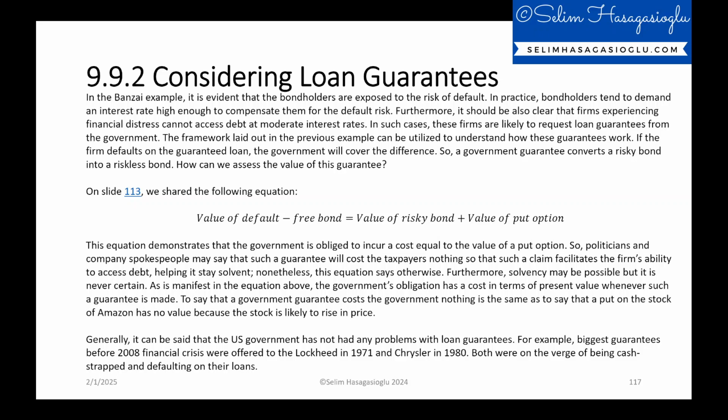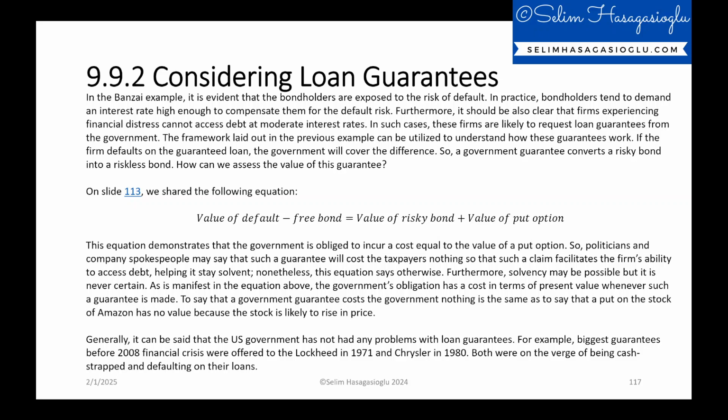Now let's have a quick look at loan guarantees. In the Banzai example, it is evident that the bondholders are exposed to the risk of default. In practice, bondholders tend to demand an interest rate high enough to compensate them for the default risk. Furthermore, it should also be clear that firms experiencing financial distress cannot access debt at moderate interest rates.